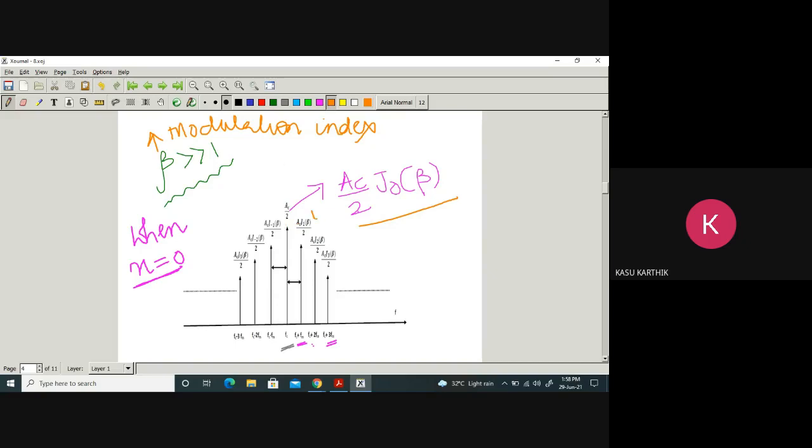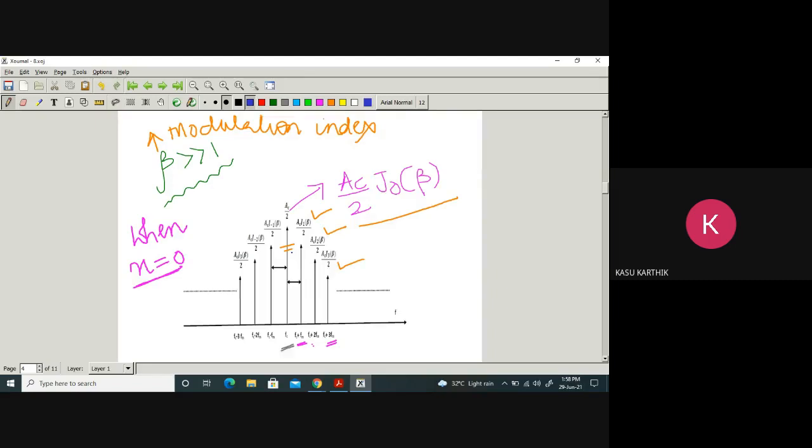This is the first sideband, this is the second sideband, this is the third sideband, and so on. We have an infinite number of sidebands located symmetrically on either side of the carrier component.